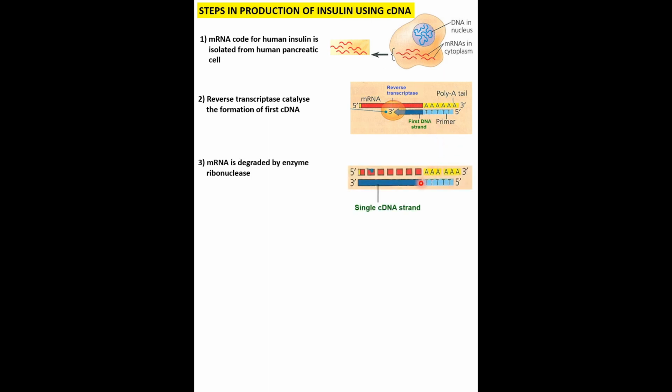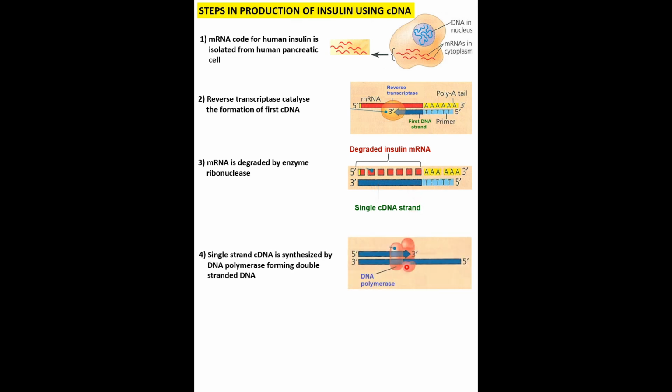Third, mRNA is degraded by enzyme ribonuclease. So this is the degraded insulin mRNA and it leaves the single cDNA strand. Next, single-strand cDNA is synthesized by DNA polymerase forming double-stranded DNA.